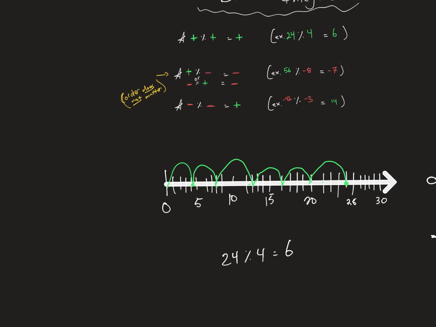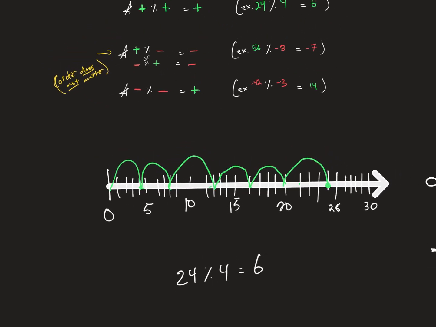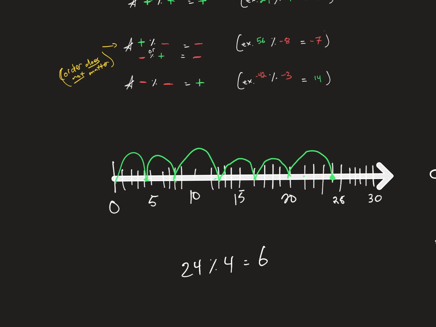So moving down to our number line, two different ways that we can solve division problems. We want to have our starting point, which our first term will be where we start, which is 24 right here, and then I'm dividing by 4.